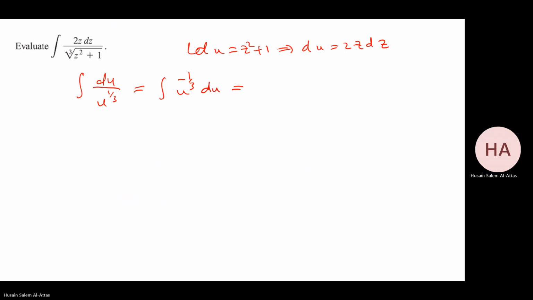Add 1. You have u to the power 2 over 3, so that will be 3 over 2 u to the power 2 over 3 plus c. Return the u, which is (z squared plus 1) to the power 2 over 3 plus c.